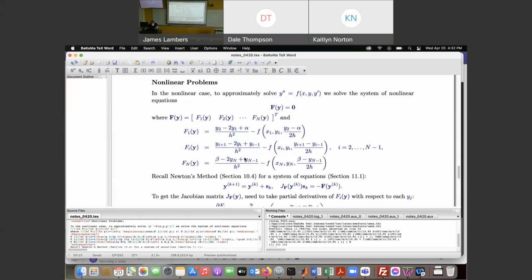So what you can do is use whatever iteration. From one section I covered in chapter 11, systems of nonlinear equations, I covered fixed point, Newton's method, and also a quasi-Newton's method called Broyden's method. Here I'll just talk about Newton's method.